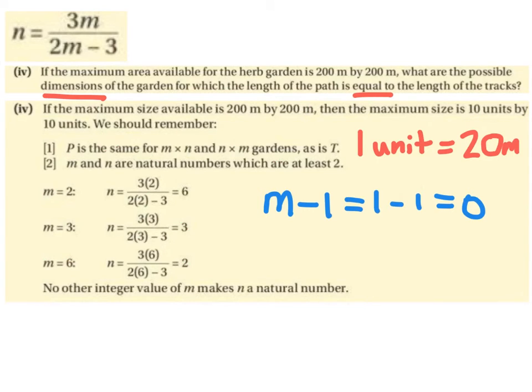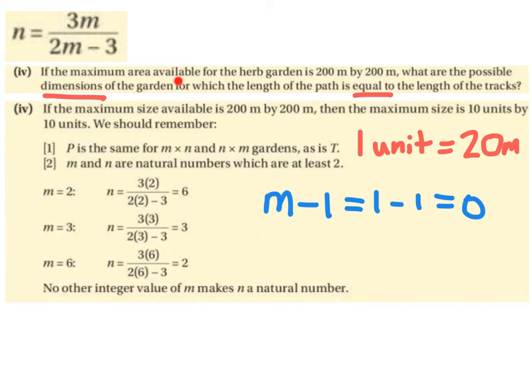So if I have a 6 by 2 garden, again, the sum of my perimeter will be equal to the sum of my tracks. And there are no other integer values of m that will give n as a natural number. Any other integer values that you would try for m, you would end up getting a decimal. So that's not going to work out.